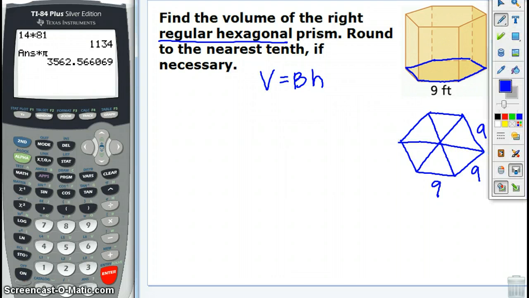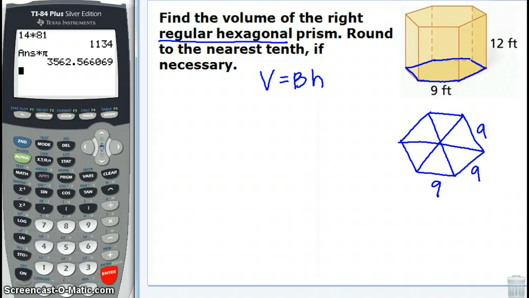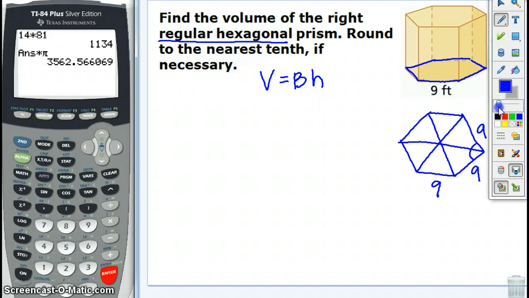And I don't know if you remember, but each angle inside here is 120. So that makes this one here, I'm going to make a smaller pen. So this is going to be 60, and that one there is going to be 60, and that one's 60. So if these two are 60, also up here is 60. So we have 3 equilateral triangles. 6. 1, 2, 3, 4, 5, 6.